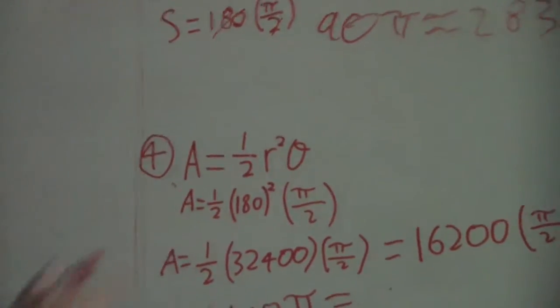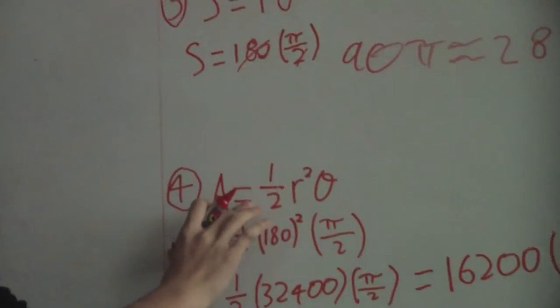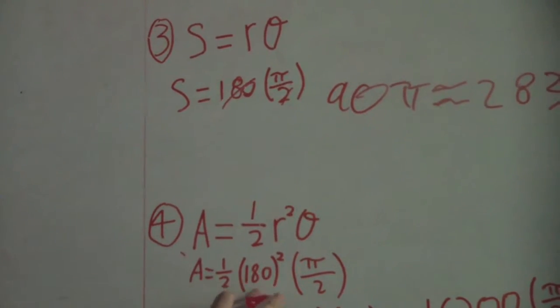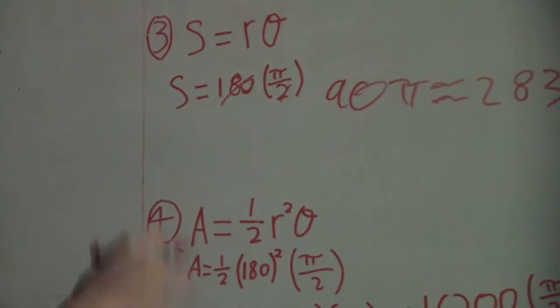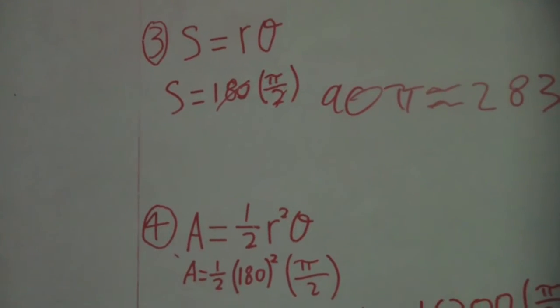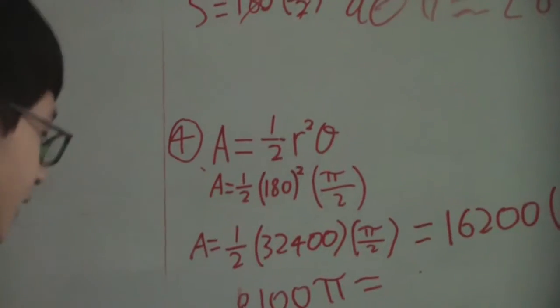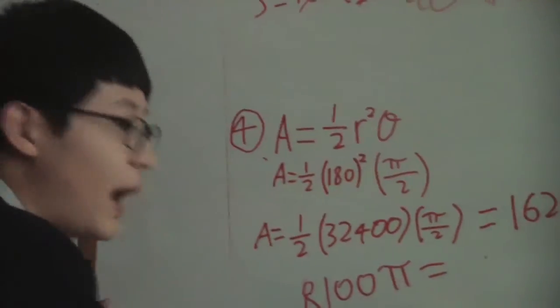Now we have to find the area. Area equals 1/2 radius squared times theta. If you plug it all in, it's 1/2 times 180 squared times pi divided by 2. If you simplify all of this, you'll get 8,100 pi.